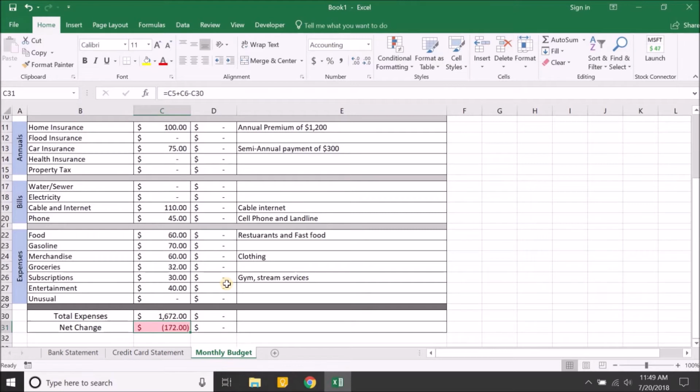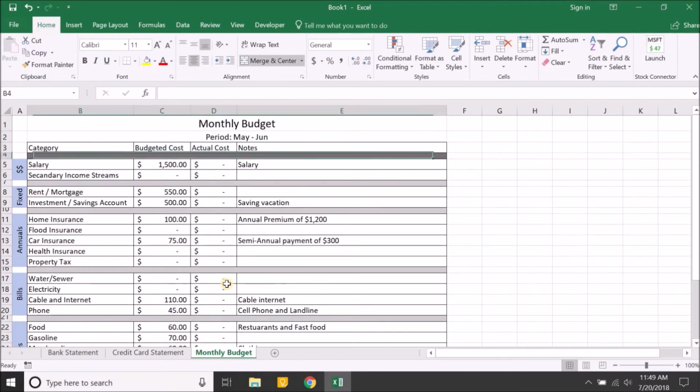So some tips for building off the information that you gather on this workbook is basically just make sure you're spending less than what you're making. Try to always be making more money than what you're spending, and try to always also have some sort of saving or investment account where you're funneling money into for retirement.